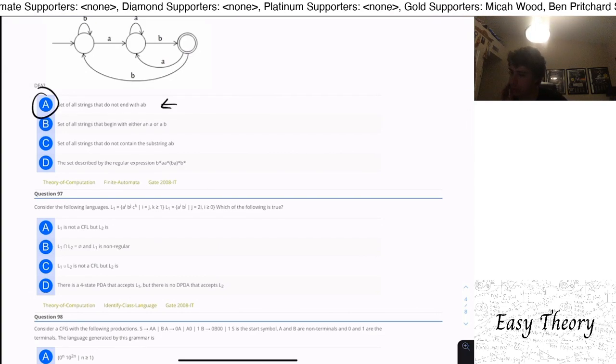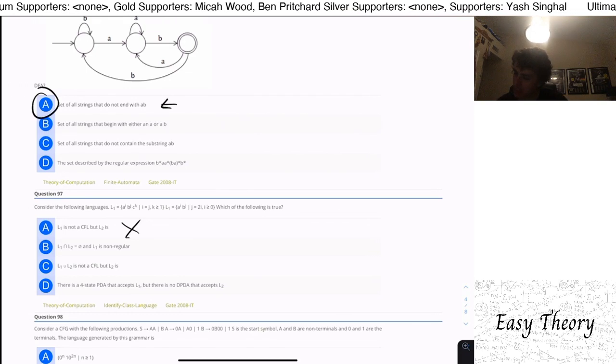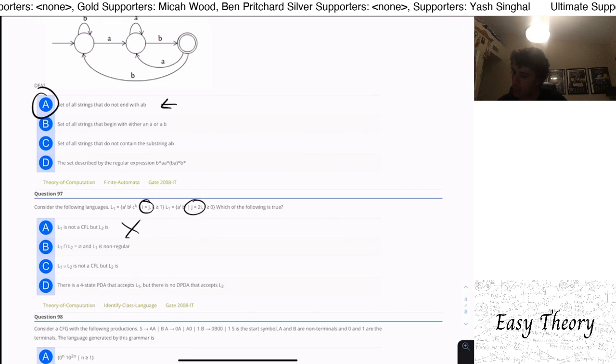Following languages. L1 is not a CFL. Nope, that's not true. L1 intersection L2 is empty. Let's see, would that be true? Yeah, because i equals j here, j equals 2i here, so that can't simultaneously be satisfied because i needs to be at least 0 here, i needs to be at least 1 here.